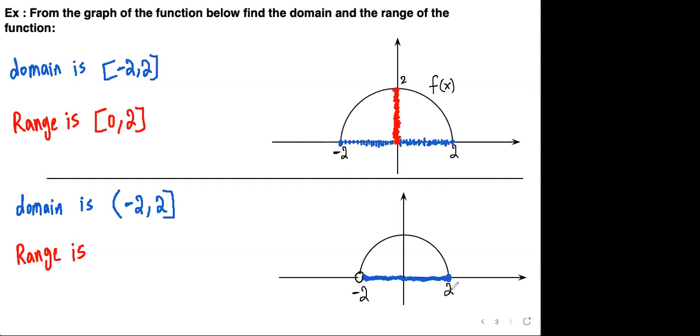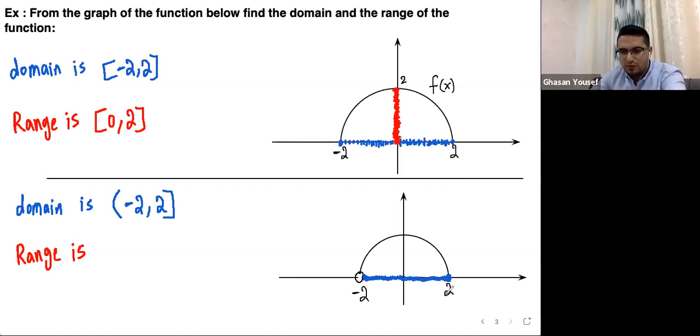Yes, exactly, because the y value at 2 is 0, so the 0 is included. And also 2 is included, because the value at x equals 0 gives me 2.